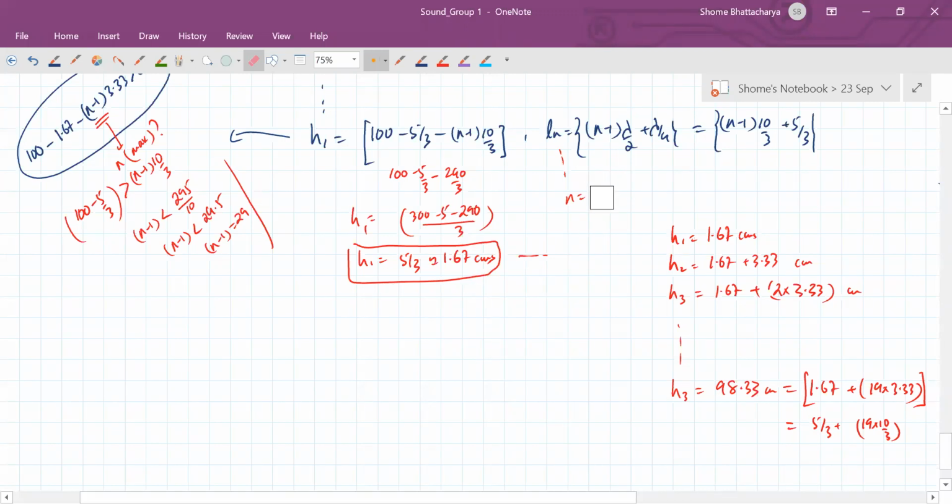My mistake, this was 30. N minus 1 was 29, so this will be the 30th resonance.